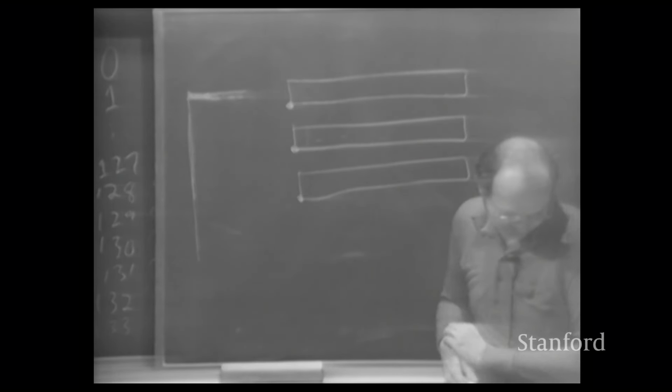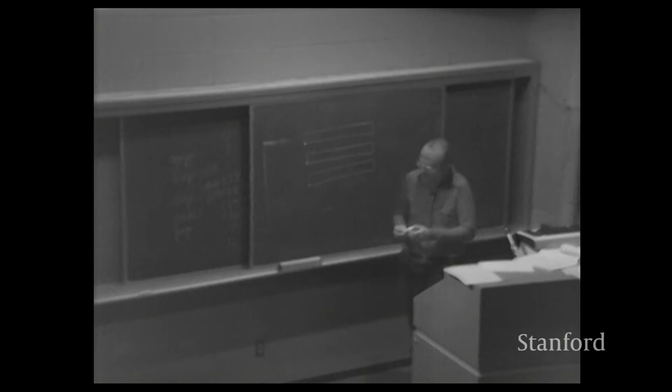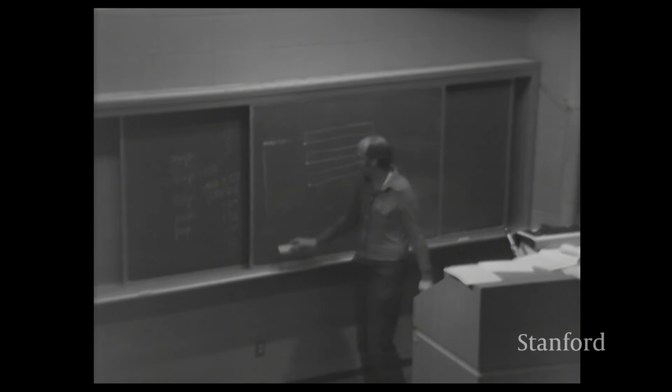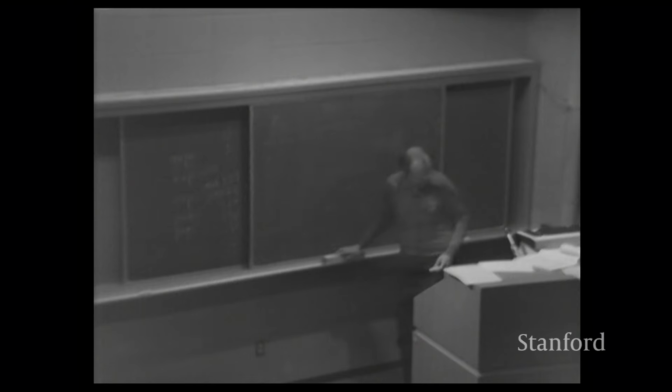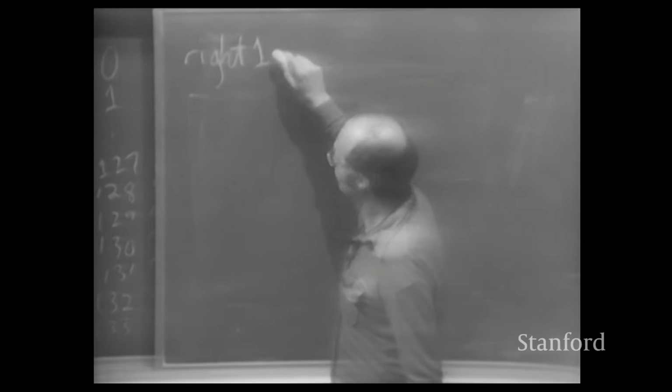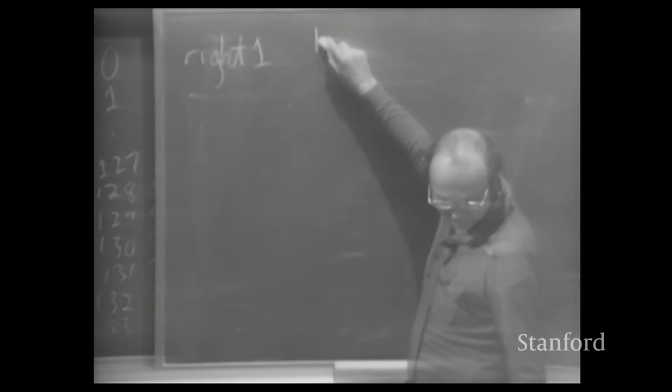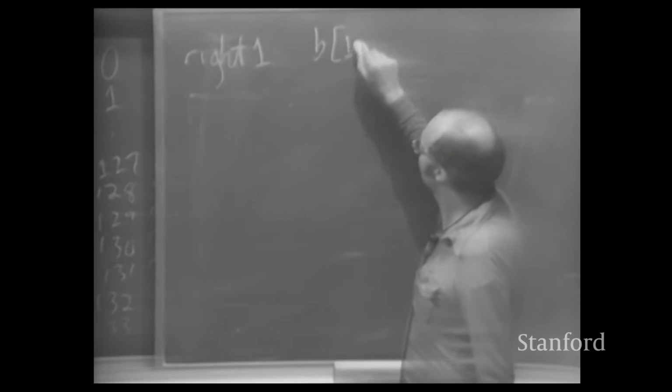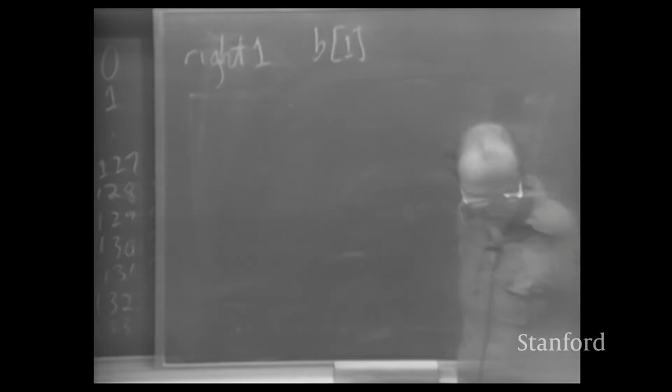Okay, now the other commands are just for motion primarily, and there are so many of them. They fit into a simple pattern, and this is right 1, right 2, right 3, right 4. I'll just say right 1 as a representative of this class, and it's followed by an amount of horizontal motion b.